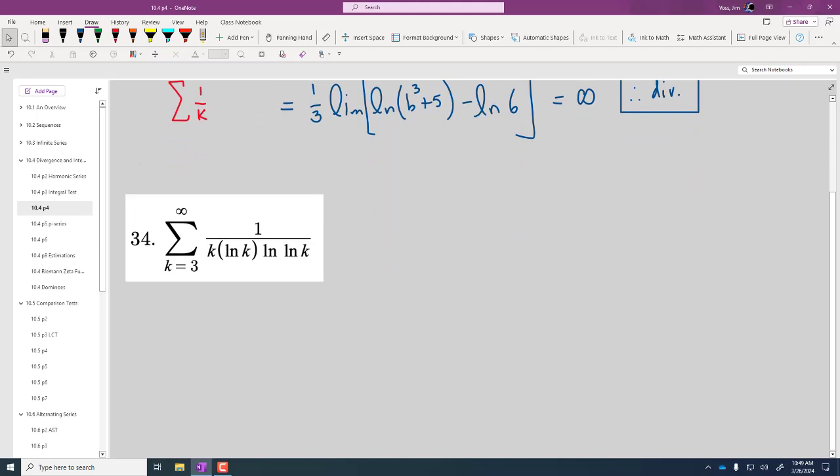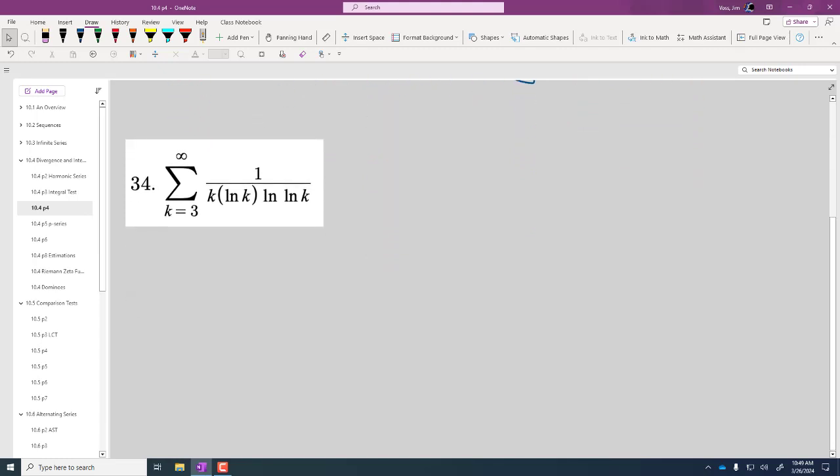Okay, now they're going to get funny on us. So we've seen that 1 over k ln k diverges, but 1 over k (ln k) squared converges. So now they're like, let's try something in between.